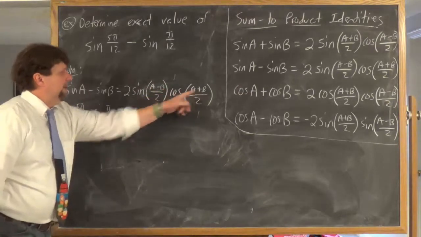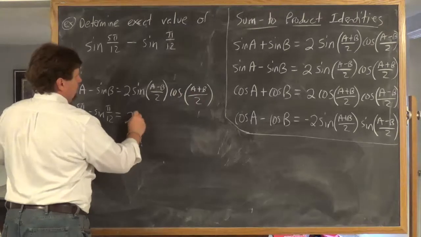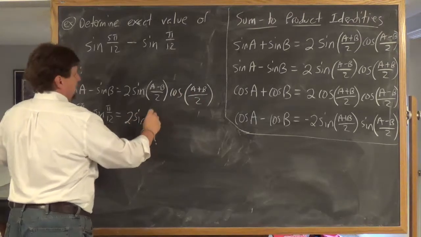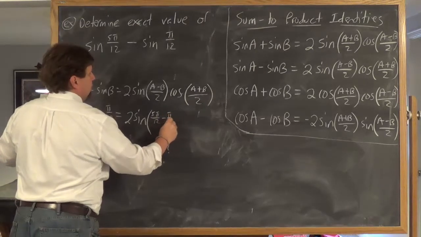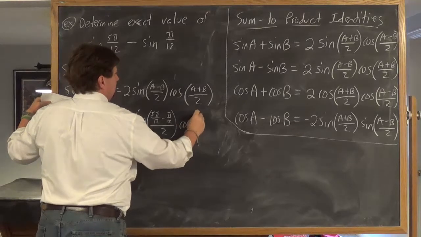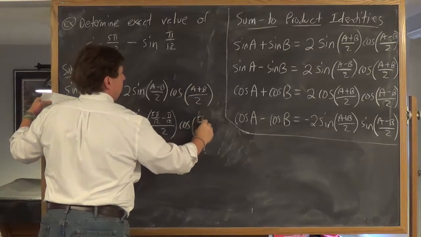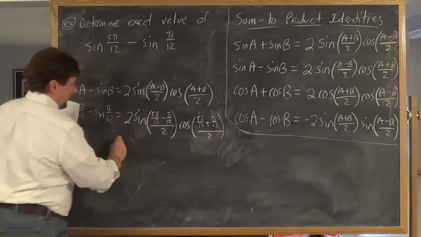Wherever I see a B, I'll toss in a pi over 12. So that gives me a 2 sine of 5 pi over 12 minus pi over 12, that's over 2, cosine of 5 pi over 12 plus pi over 12. And again, that's over 2.